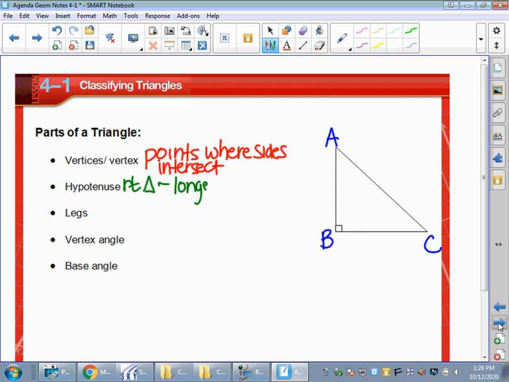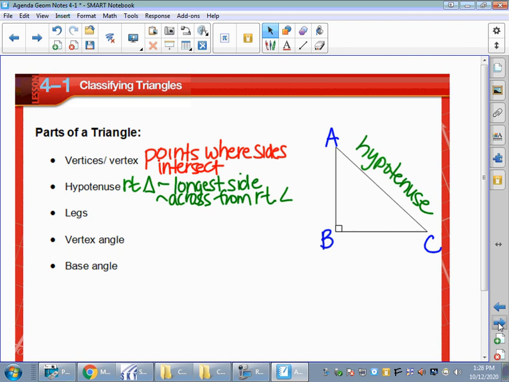Longest side, and across from right angle. I abbreviate right as RT and then the angle symbol. So in this particular example, side AC would be our hypotenuse. You cannot have a hypotenuse in anything but a right triangle.